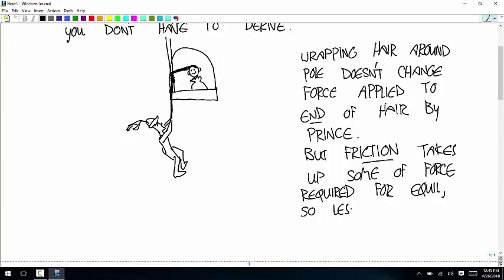So there's less force on Rapunzel's head. That's the idea.